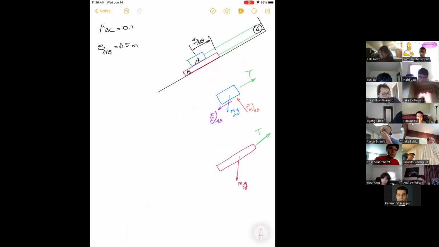What else? Remember Newton's third law, action, reaction. So when B applies this friction force and this normal force to A, A is going to apply the exact same forces in opposite direction, right?